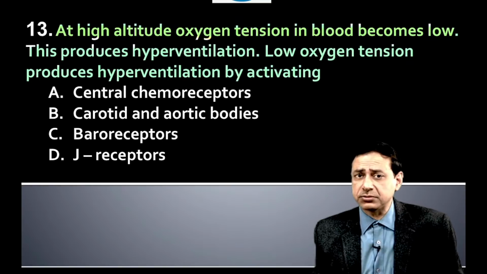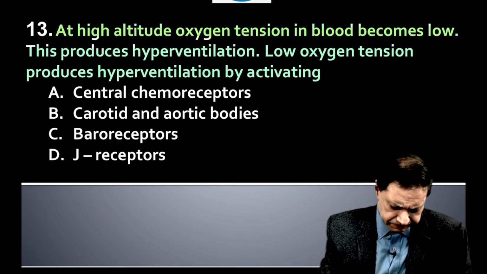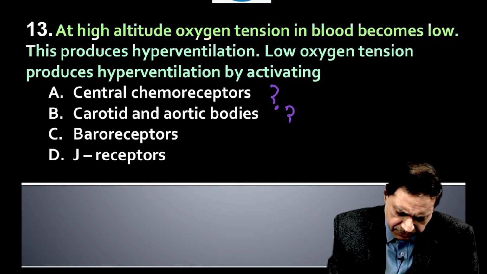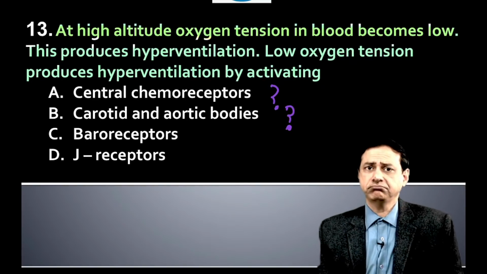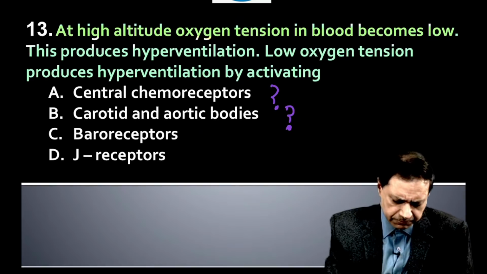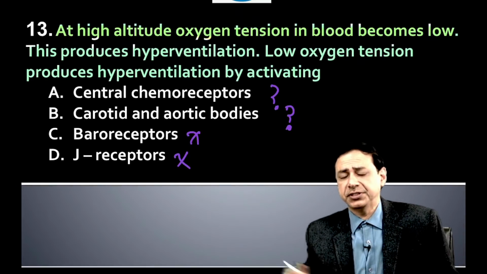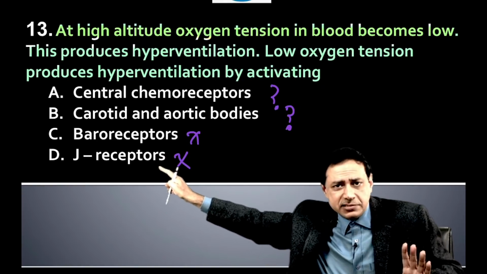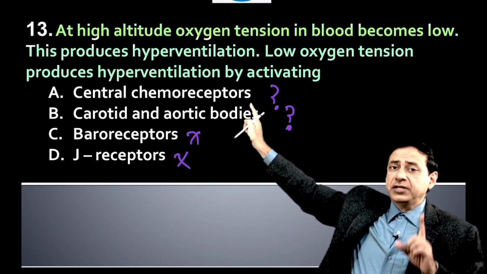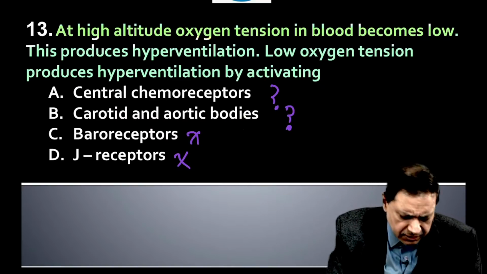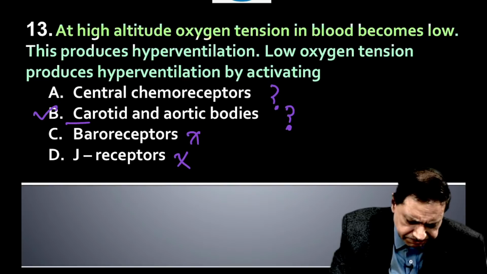When O2 becomes low, you will hyperventilate. Why? This is through central chemoreceptor or peripheral chemoreceptor. Baroreceptor and J receptor are out of question. They are for BP regulation. Oxygen will cause hyperventilation through peripheral chemoreceptors. This is the answer.